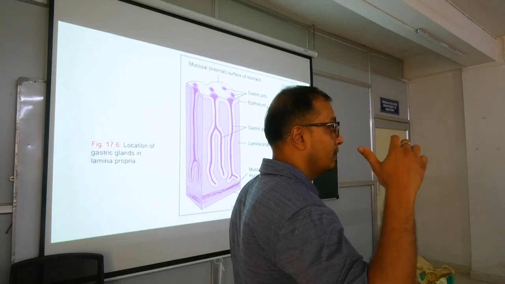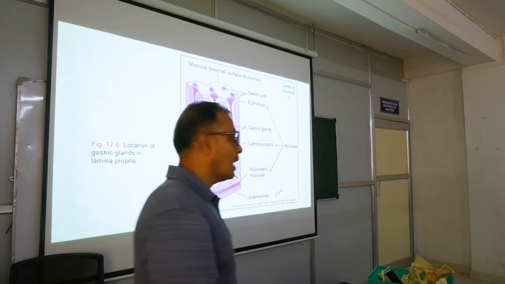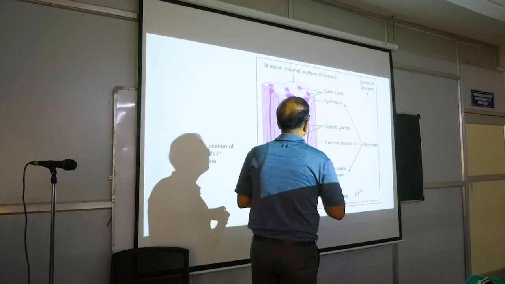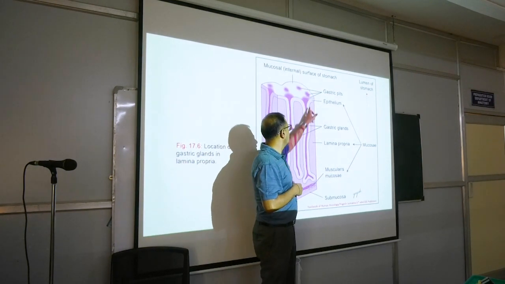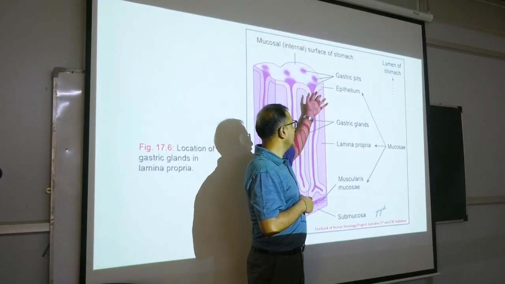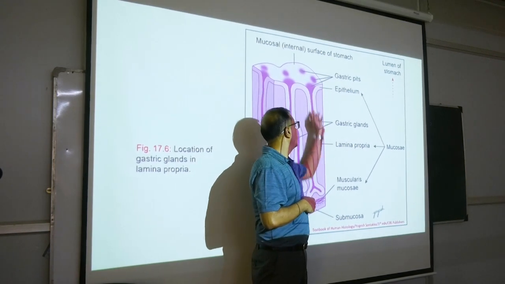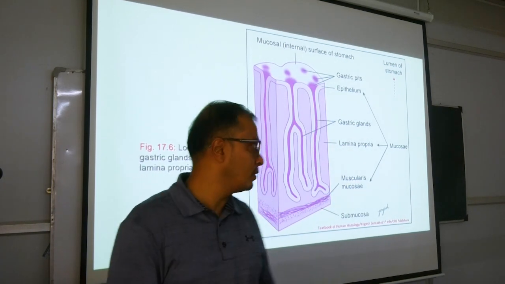Non-keratinized, stratified squamous epithelium. Here we have the stratified cuboidal type of epithelium. The same epithelium lines the gastric glands going down, and these cuboidal cells have some other features as well. We'll be coming to it.